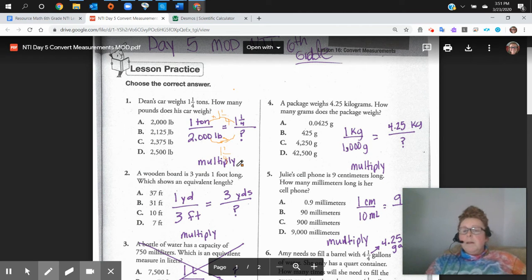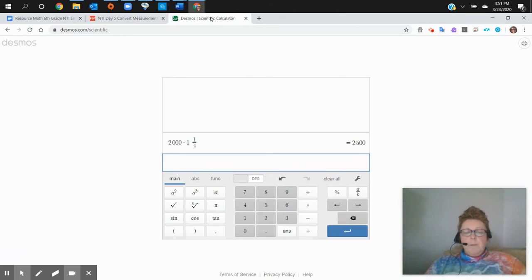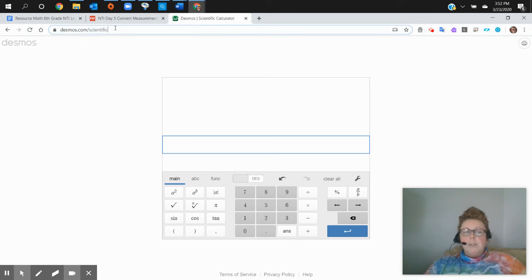So now we're going to change to a calculator. I'm just going to pull up Desmos Scientific. I know some of you are working from home and you don't have your Chromebook. If you do have your Chromebook, remember you can go to desmos.com/scientific to find it.